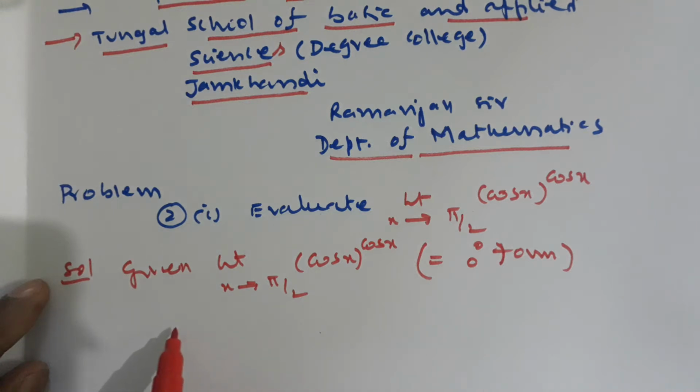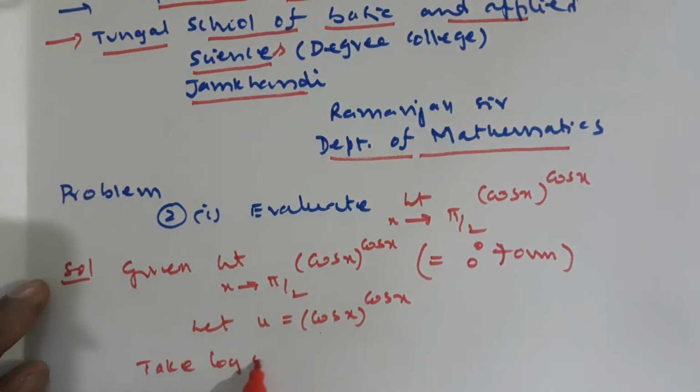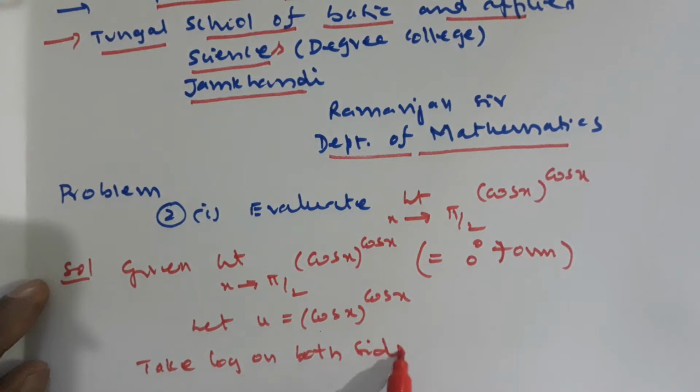So that, take log, or otherwise before that let u is equal to the function cos x to the power of cos x. Now take log on both sides.